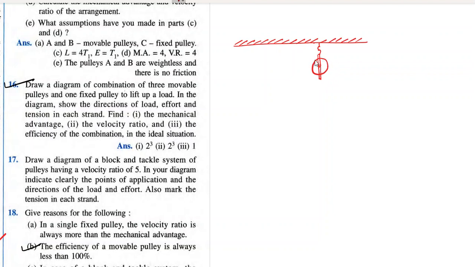This single fixed pulley will have a strand of rope. On the one end of this strand, there will be effort in the downward direction and tension in the upward direction. But the other strand will pass through a movable pulley.